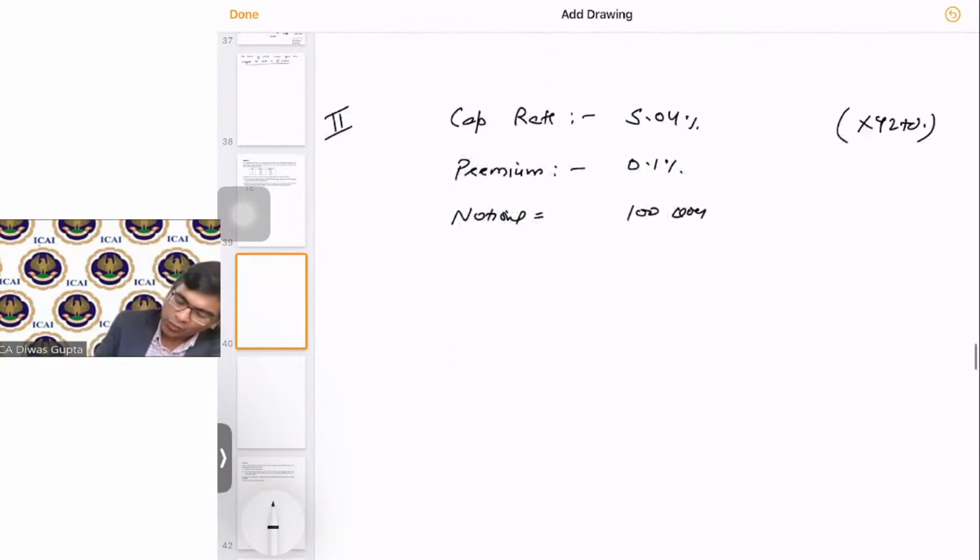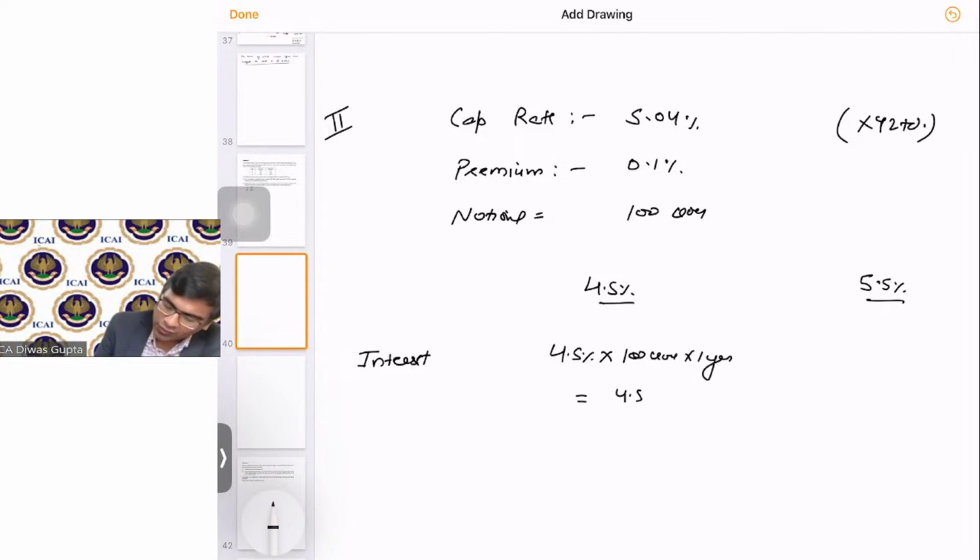So there are two cases that are given, 4.5 and 5.5 percent. First of all, the interest amount we need to take as is, right? This will be 4.5% multiplied by 100 crore multiplied by 1 year, because the borrowing is for 1 year. So 4.5 crores. Here, since there is an option to borrow at 5.04, the actual interest rate is 5.5. So the option will be exercised and hence the cap rate will be levied.